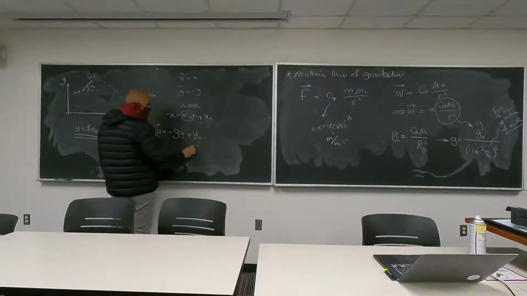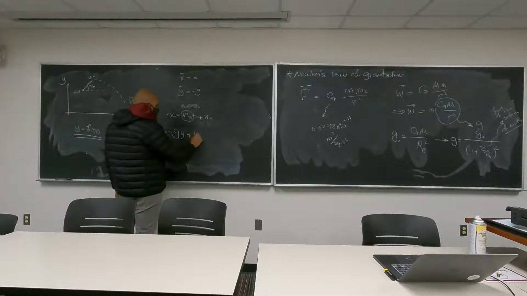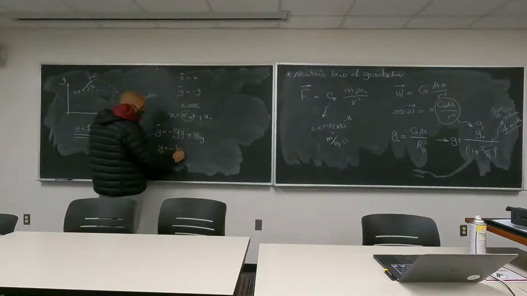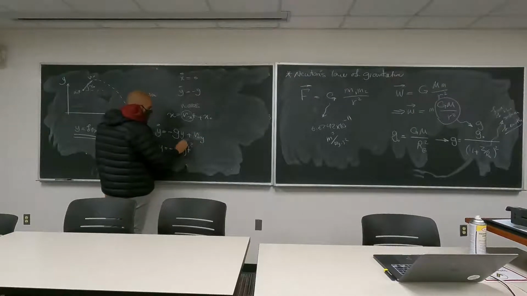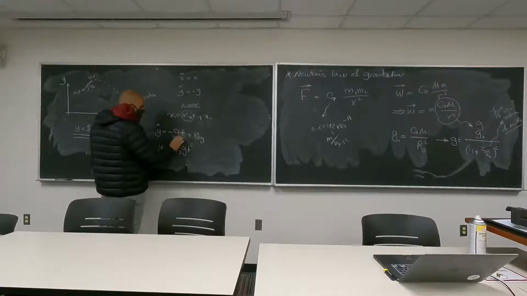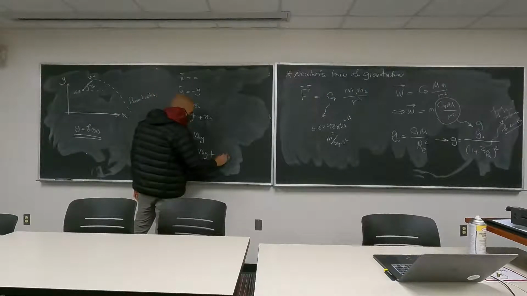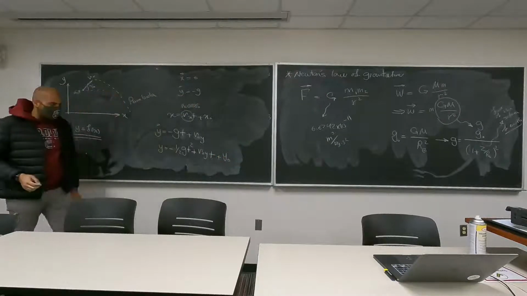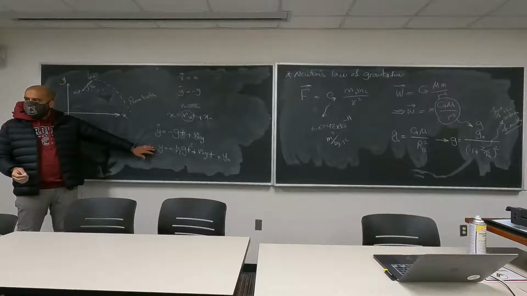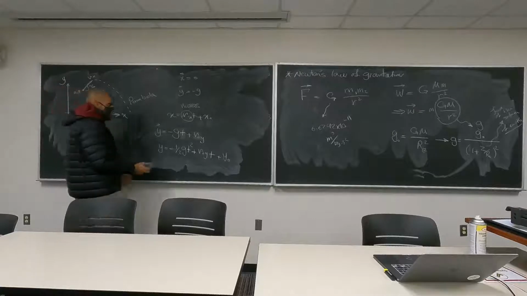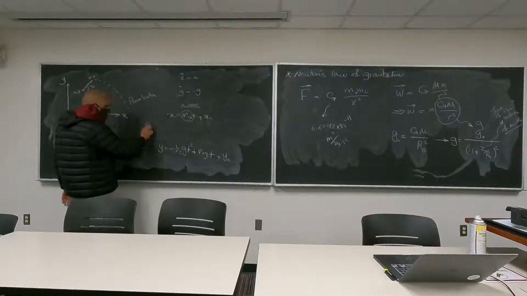Plus y dot naught, let's call it v naught y. Which means that y is going to be negative 1/2 g t squared plus v naught y t plus y naught, right? Yeah, you remember this free fall equation? This is one of the oldest equations you have seen when it comes to kinematic analysis.